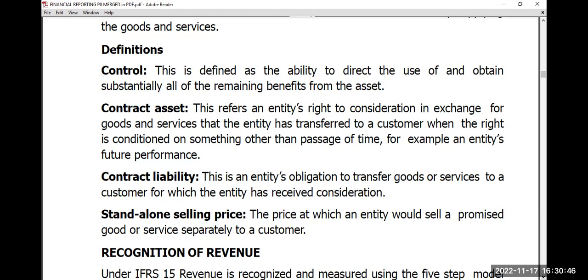So if the company has been supplying some tons of coffee to the organization, and you find that they have actually been supplying the goods, but they have not yet reached the minimum requirement for them to start receiving the payment, what it means is that they have already earned that money.